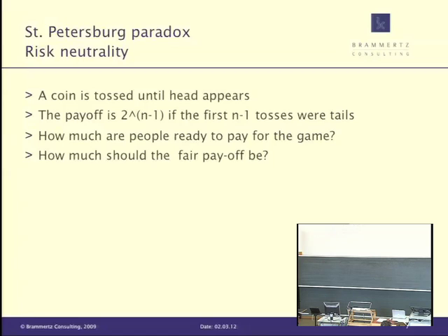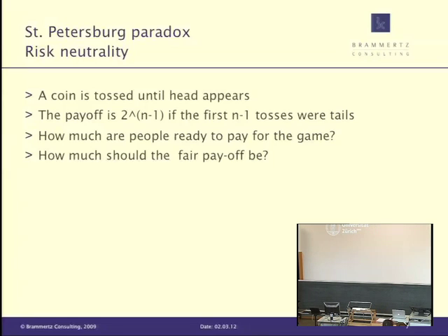Then we continue. If you throw again, it's again tail, we continue until the first head comes. So if the head, for example, comes first on the 6th throw, you have 5 tails and then the 6th throw. Then it stops as soon as the head comes. So then we pay 2 to the 5th power, in this case 32. So you get 32 francs.